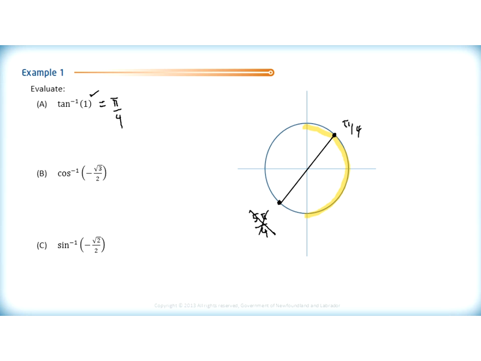Okay, so the next one here says, how do I evaluate the inverse cosine of negative root 3 over 2? For cosine, I'm going to grab its principal value range, and cosine starts at 0 and can go in one direction only, all the way as far as pi. So where is cosine equal to negative root 3 over 2? Well, there's a couple of spots on the unit circle. One of them's over about here, and one of them is down about here.